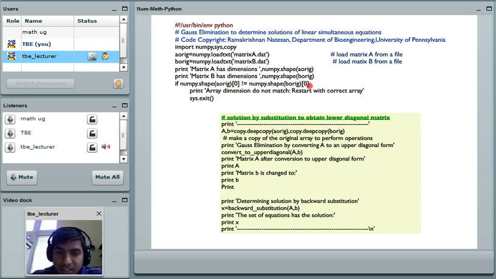If the first dimensions do not match, the code is not going to run. It prints an error message saying that array dimensions do not match, asks you to restart with the correct array, and the system exits. But if you have everything right, then the first thing it does is use one of these methods I defined previously.